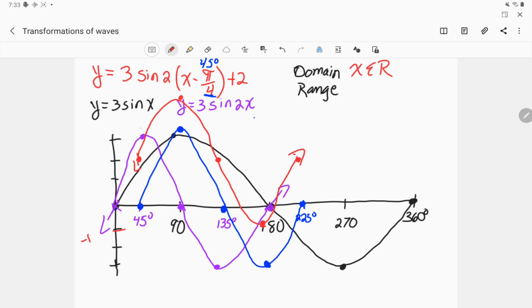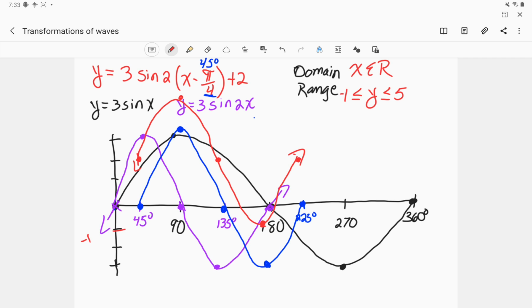And the high point is actually 5 because it was 3, but we moved it up 2. So my range is that my y has to be bigger than or equal to negative 1, but less than or equal to 5. It's got to be in between. Very rarely am I going to ask you to do something like that. However, there is the graph. All right.